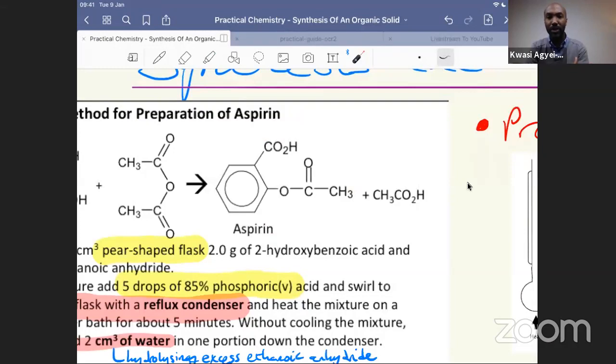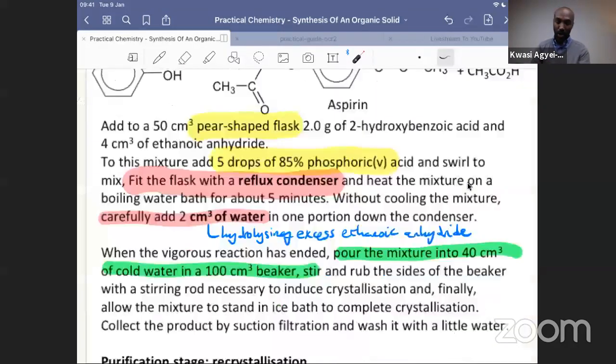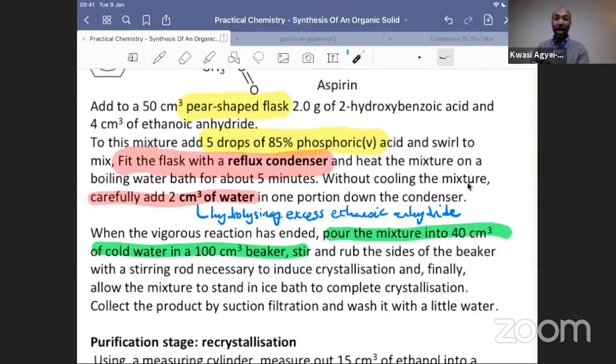So that benzene ring is quite hydrophobic, and if you've got lots of benzene rings present, then you're going to have a very non-polar sort of solid, which will precipitate out of water. Okay, so the reaction mixture is going to be added to our water to cause the solid product to crash out.